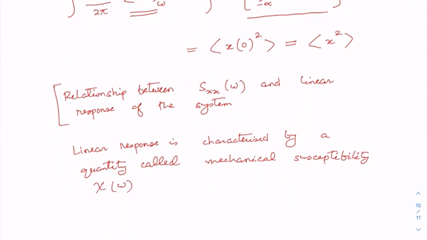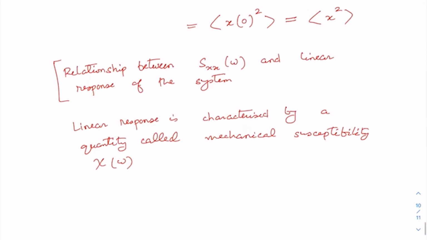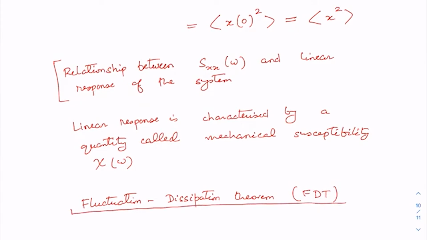Okay, and this relation between the noise spectrum and the linear response of the system, in statistical physics, is known as the fluctuation dissipation theorem, or in short FDT. Now we will actually not discuss it in detail, only the theorem is needed for us, and that is what I am now going to state.